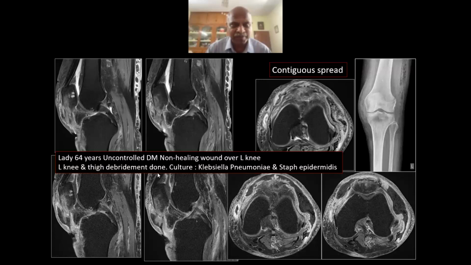This patient underwent a left knee and thigh debridement, and the culture showed that this was a Klebsiella pneumoniae infection, which is an anticipated organism because it's a gas-forming organism, and the presence of air points towards a gas-forming organism. Staph epidermidis in this case was a contaminant because it's a common skin organism.